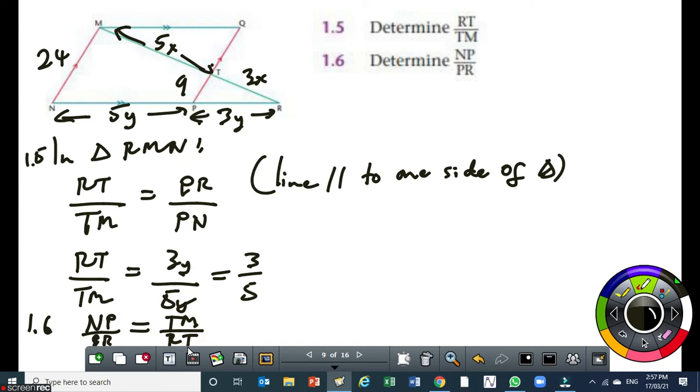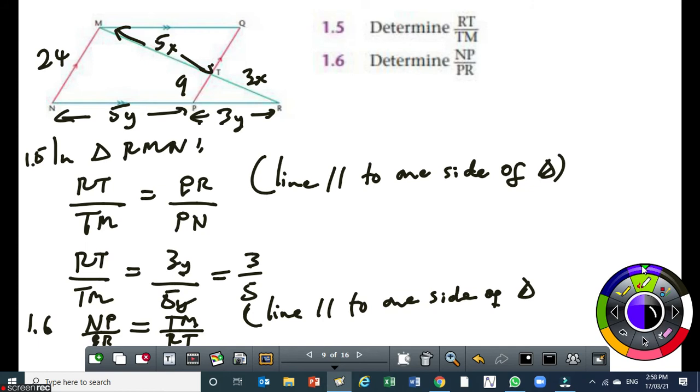Then, our reason here, we can put the proportion theorem, because it's very important for you to write your reason. All right, line parallel to one side of triangle. Therefore, the ratio of NP over PR is going to be equal to 5y over 3y, which will be 5 over what?